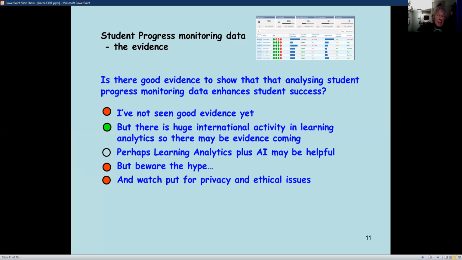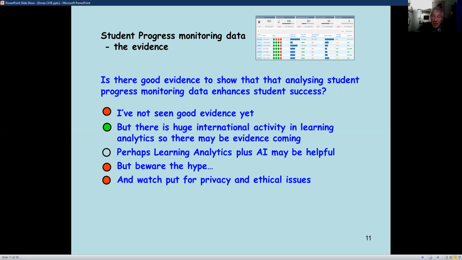Perhaps learning analytics combined with artificial intelligence may be helpful in promoting student success. But you have to always beware in these situations, colleagues, of the hype. There are many private consultancies out there very keen to sell their student monitoring data software, and you need to look very carefully for the evidence that it really works.